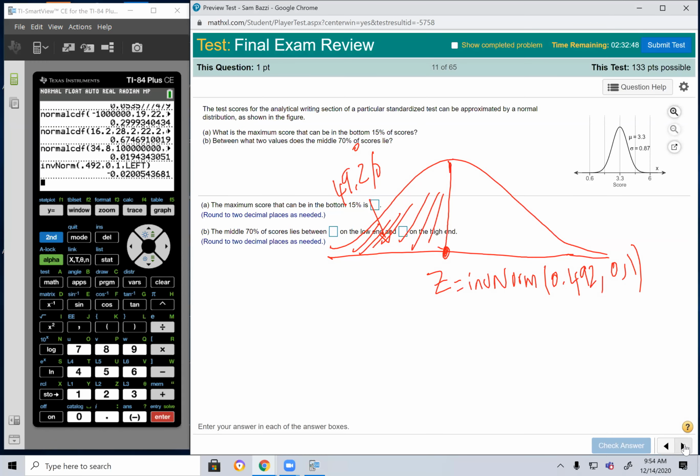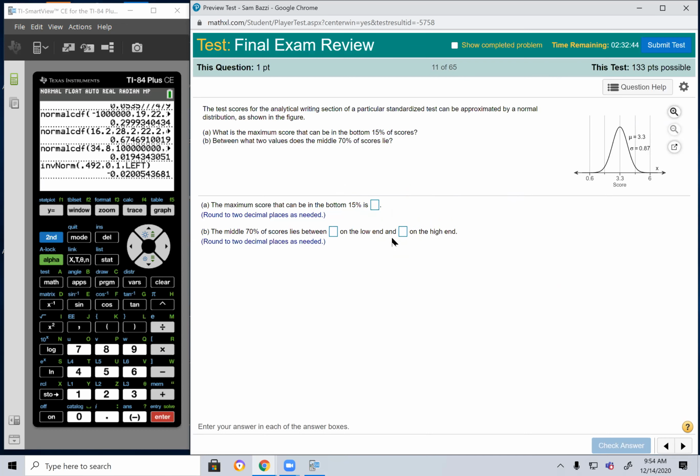All right. The test score for the analytical writing section of a particular standardized test can be approximated by a normal distribution. What's the maximum score that can be in the bottom 15%? Okay. Maximum score that can be in the bottom 15%.